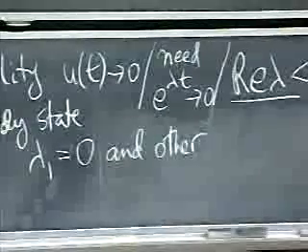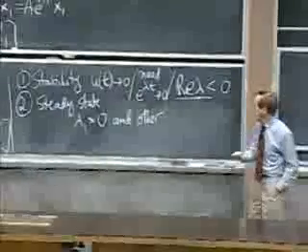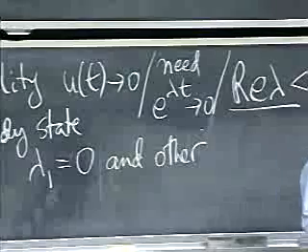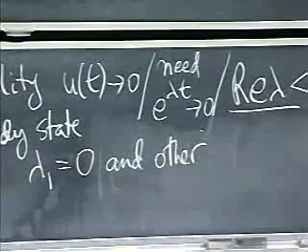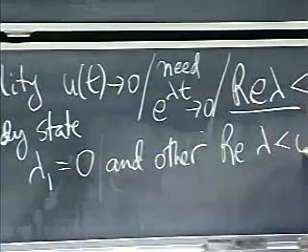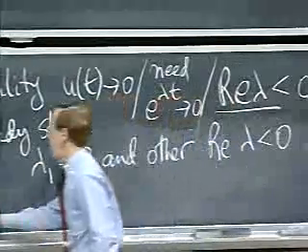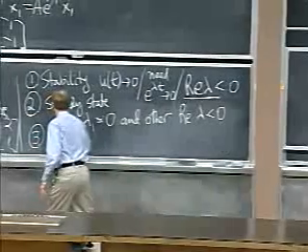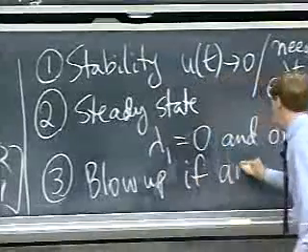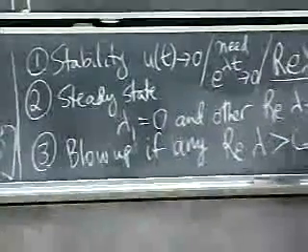That example is perfect. For a steady state, we have a 0 eigenvalue, and the other eigenvalues, we want those to disappear. So the other eigenvalues have real part negative. And we blow up for sure if any real part of lambda is positive.